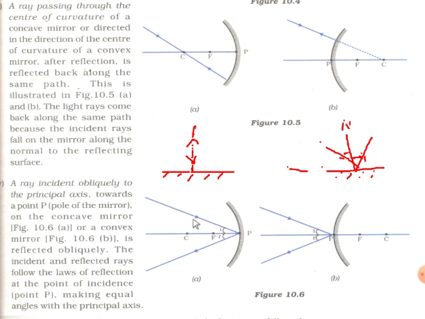So if an oblique light ray is incident onto the mirror at some angle i, then to hold good the laws of reflection, the reflected ray should also emerge making an angle equal to the angle of incidence. So this angle will be equal to the angle of incidence, so that this will hold good the laws of reflection: angle of incidence is equal to angle of reflection. Got it? Same is the case for your convex mirror also.